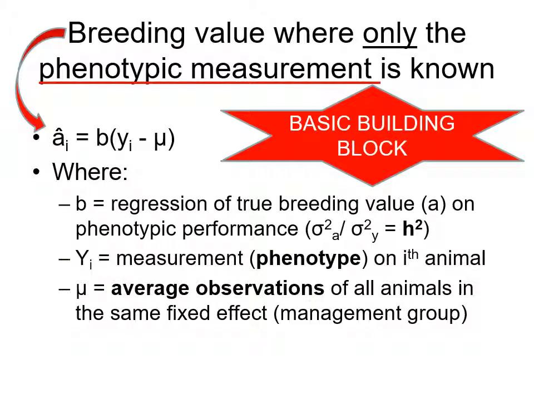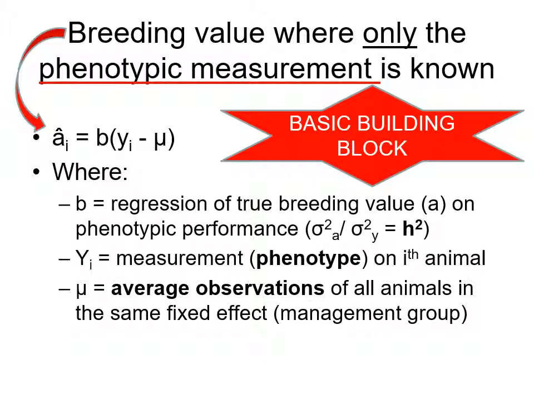Good. So just a very simple way that one can also describe the breeding value would be where we only have phenotypic measurements. So we don't take any other factor into consideration. Let's say we have a group of 10 animals or so, and we weigh them. Let's say it's beef calves. We weigh those calves. Let's say they're all of the same sex.